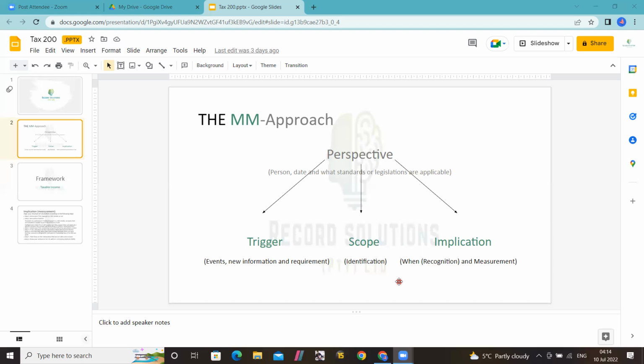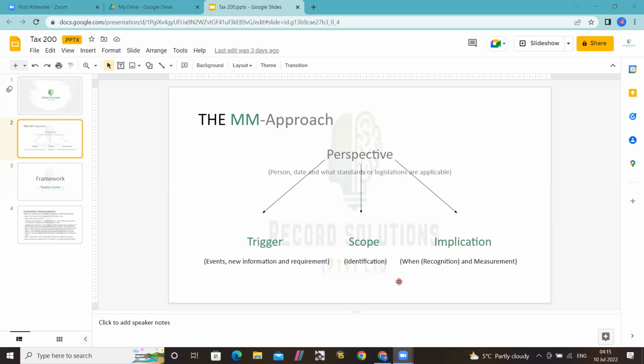We have to determine whether this supply is standard rate, zero rate, or an exempt supply, right? So here we can see that it's local sales, and local sales are just normal sales. Because local sales are normal sales, it's a standard rated supply.